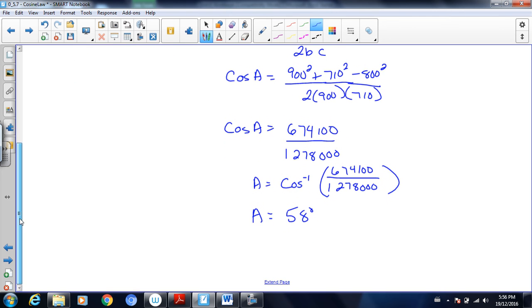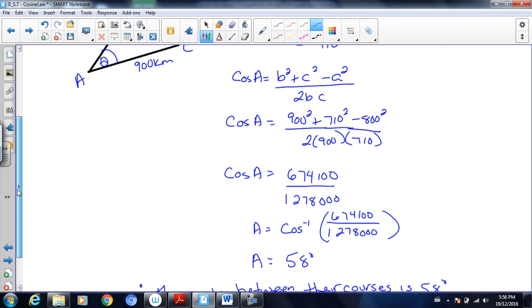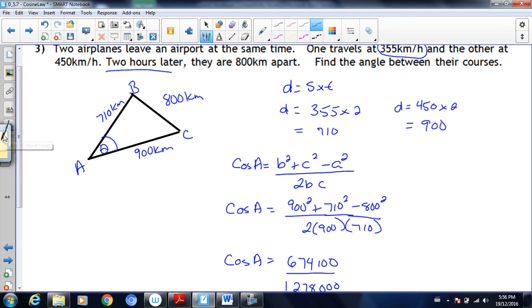This is a word problem, so don't forget your therefore statement. Therefore, the angle between their courses is 58 degrees. And that's the final example for this.